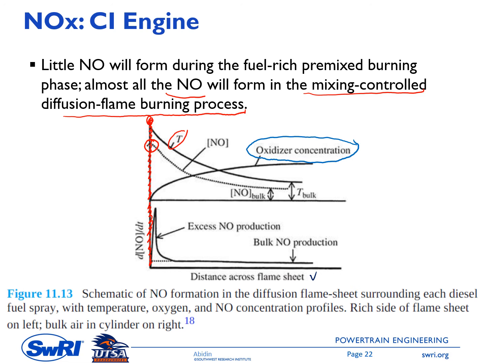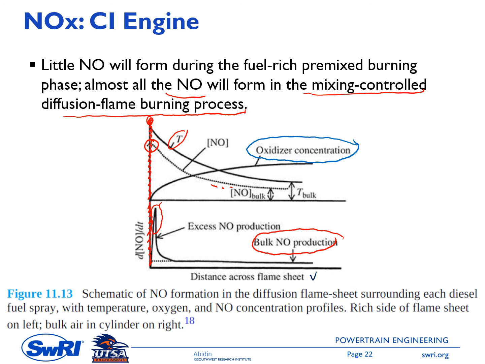So this is where the NO is formed, and then it decreases as it moves away from the flame front. This dotted line is the excess NO production. It's also maximum close to the flame front location, and this is the bulk NO production, which is small compared to the one close to the flame front location.